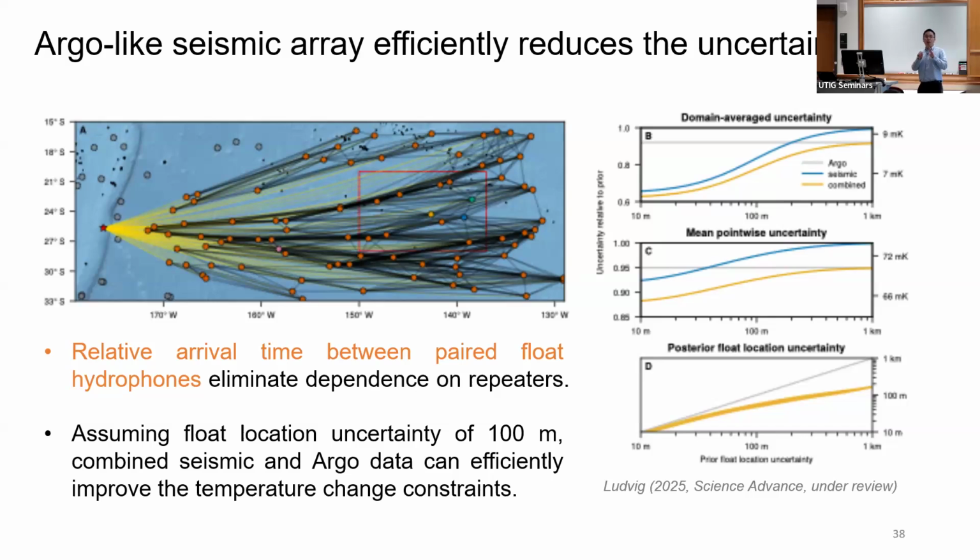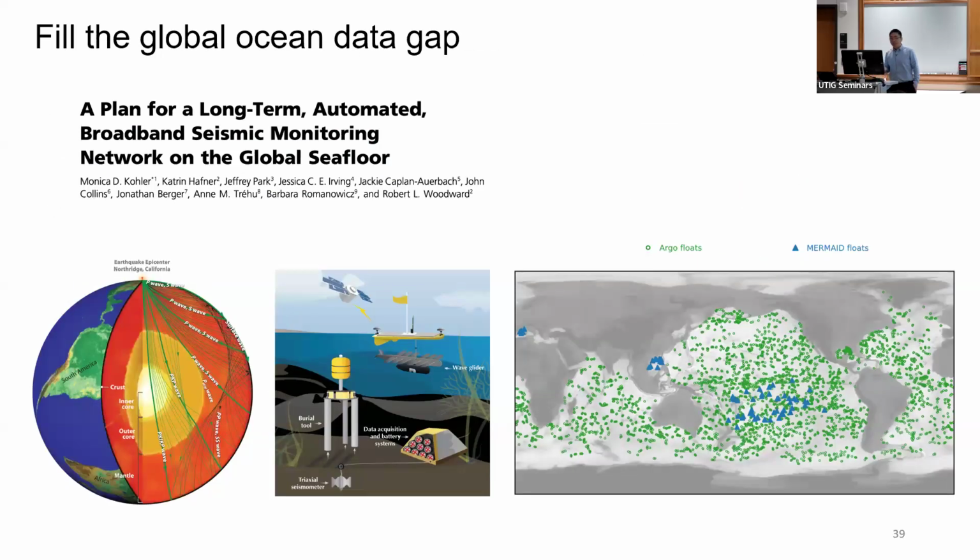In that way, we are not limited by repeating earthquakes. Every earthquake above about magnitude 4, we can use for SOT. This plan aligns with the dream of global seismology. If you look at the global station distribution, the ocean is really a gap, and we really want to fill this gap.